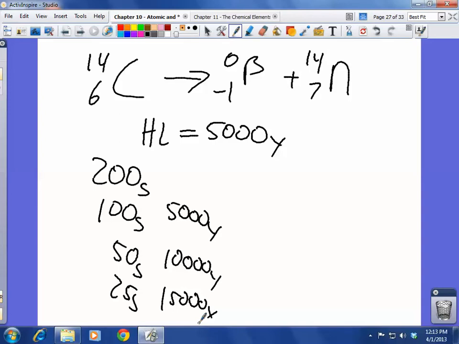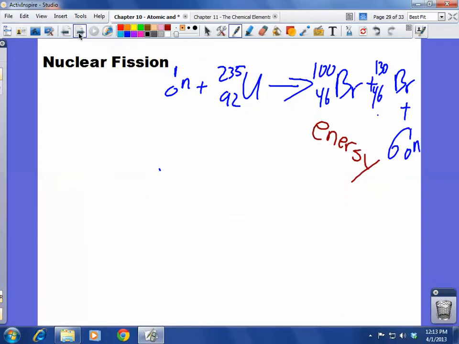Now what we ended with last week was we started talking about nuclear fission. All these radioactive things we talk about are all natural. They're all eventually going to happen on their own. But with a few of these atoms, we can speed this up.